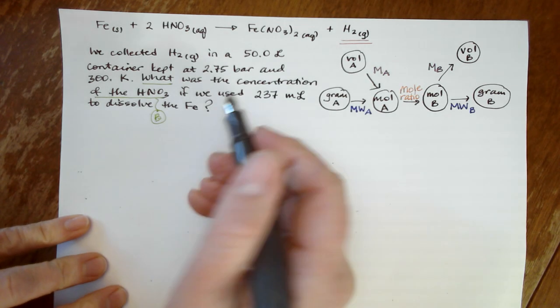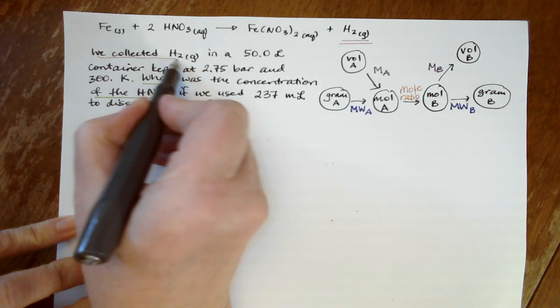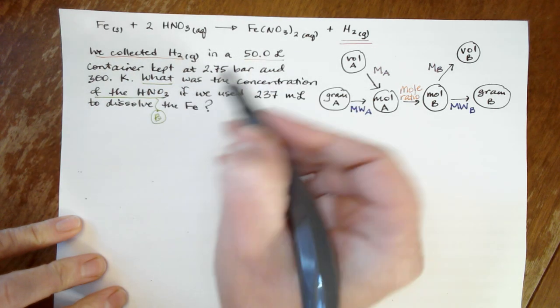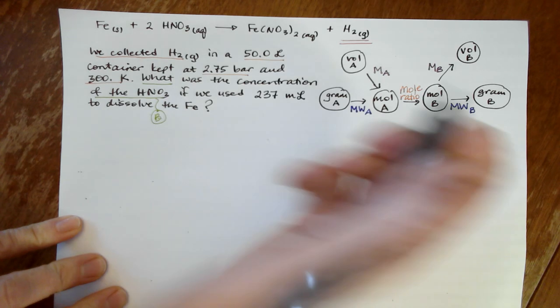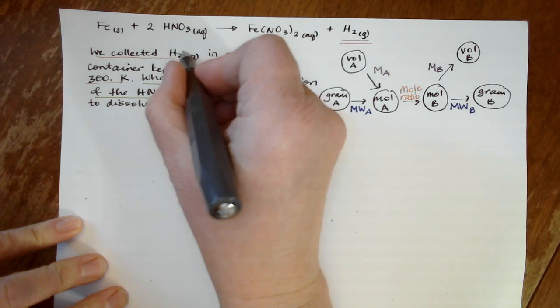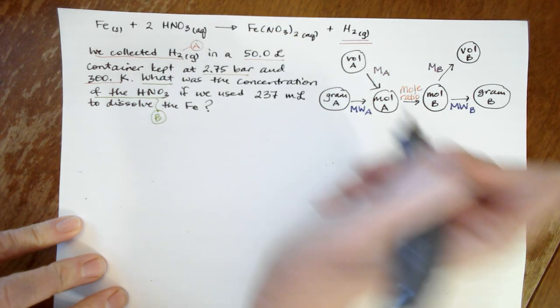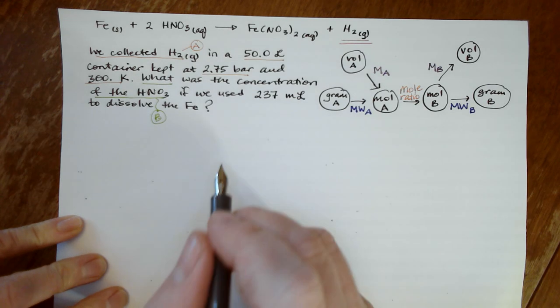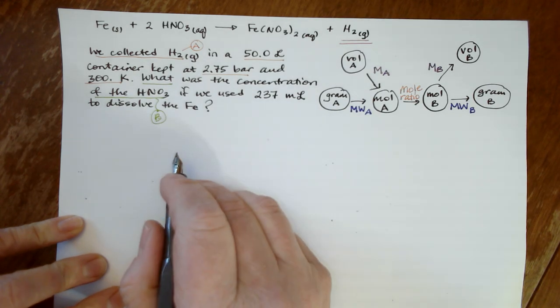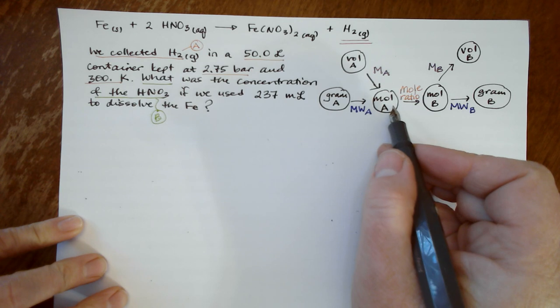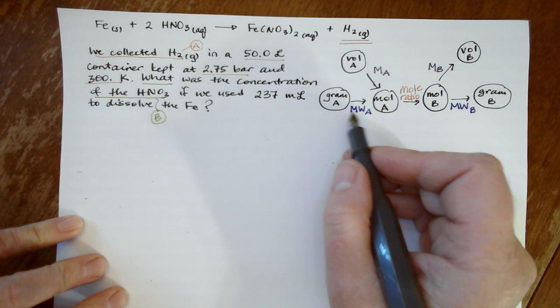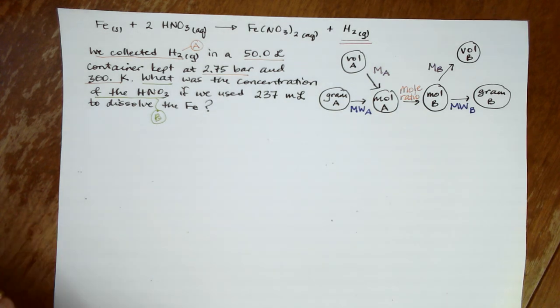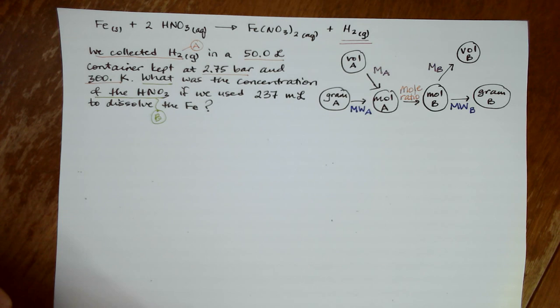We collected the hydrogen, and we know quite a bit of information about it, so the hydrogen is the A in this problem. That's our first step: orient ourselves with what is A and what is B.